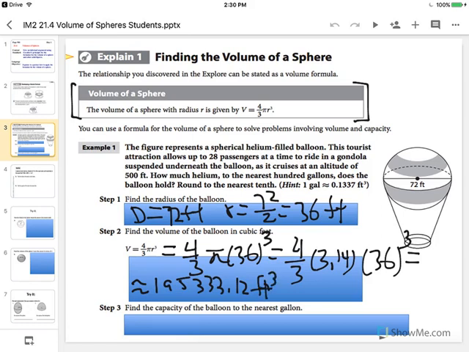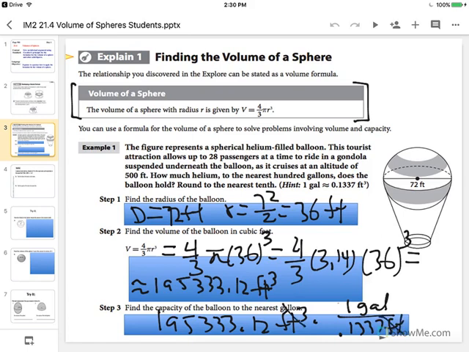For step 3, find the capacity of the balloon to the nearest gallon. So we can say that this is 195,333.12 cubic feet times, let me rewrite this, times 1 gallon over 0.1337 cubic feet.